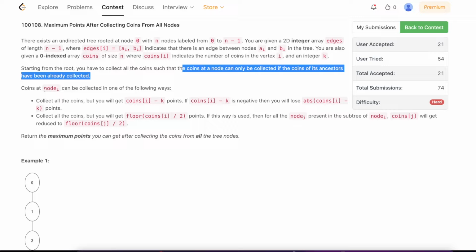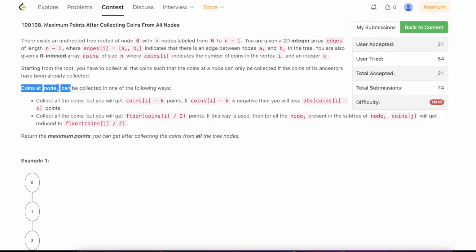Now, coins at node i can be collected in the following ways. If you collect all the coins, you will get coins[i] minus k points. If coins[i] minus k is negative, it means you will lose that many points.